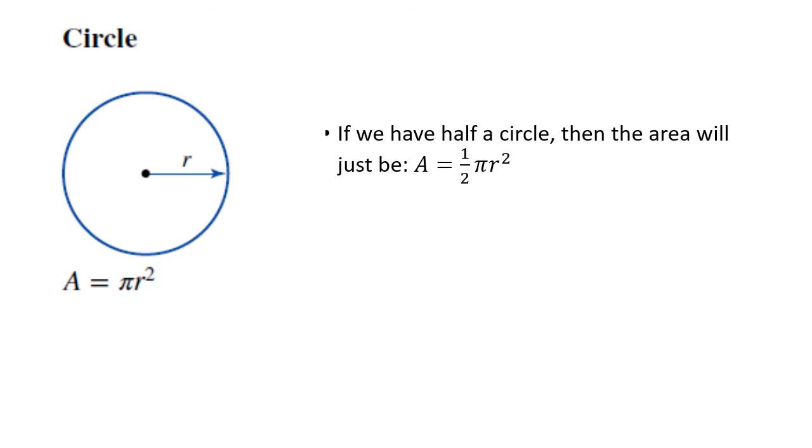When we're thinking about composite shapes particularly, we're often going to have parts of circles. And if you've got half a circle, then the area will just be half of pi r squared. And we can actually go a little bit further with that as well. So if you've got an angle theta, so we've got part of a circle, sorry, this is going to be a hideous sketch. So we've got some kind of weird Pac-Man looking thing like that, where we've got our angle theta here.